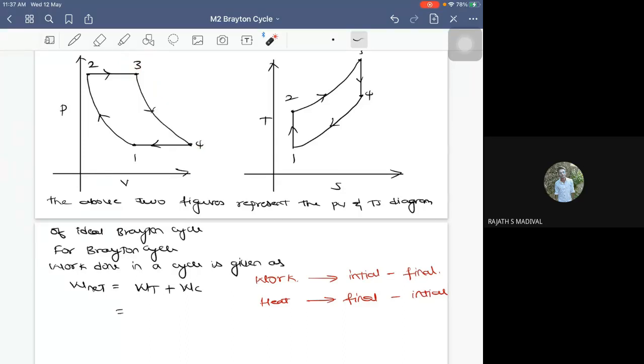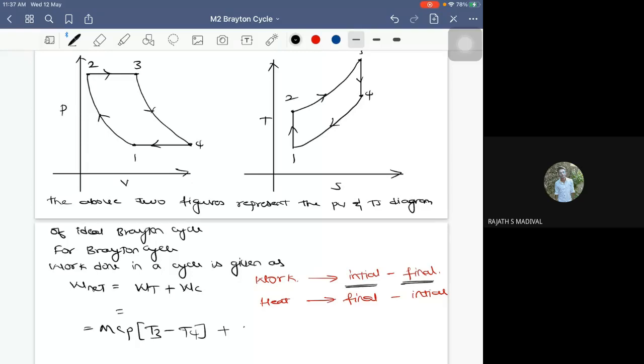So for turbine work, MCp into, for work it is initial minus final. Initial is T3, so I would take T3 minus final. Final is T4.